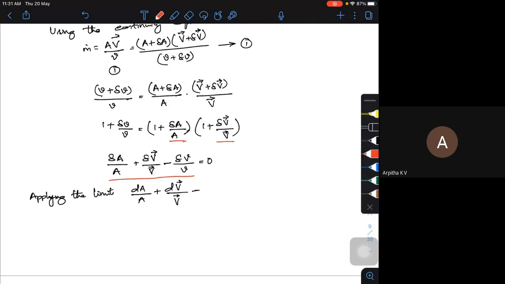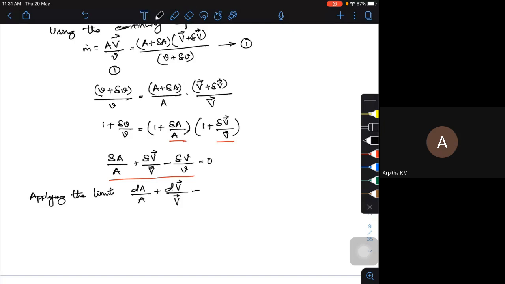Usually, when you are solving this kind of equation, all the product quantities, like dou A by A, dou V by V, or dou U by X into dou V by X, we are going to neglect. We have done the same thing earlier in the AFM also.